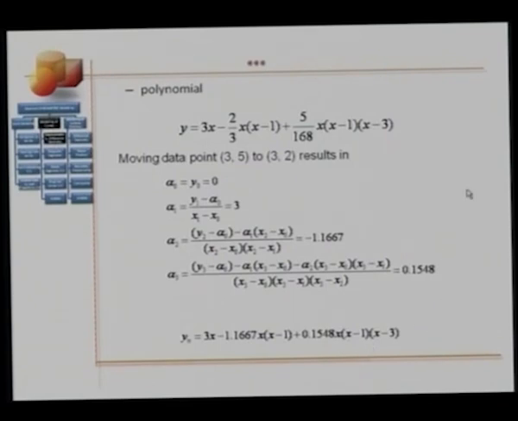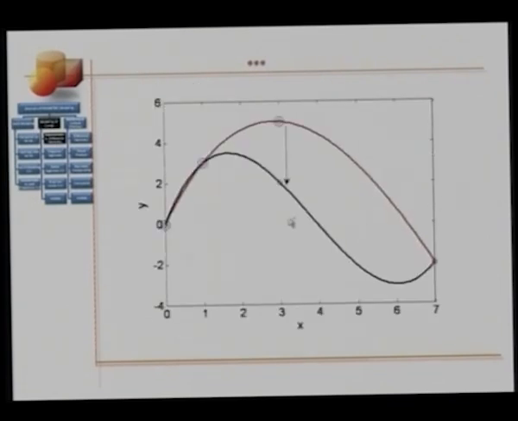Well, how do we see both these polynomials graphically? The curve in red is the old polynomial, and if I move the third point to a new location, the curve in black shows the new polynomial. What do we observe?